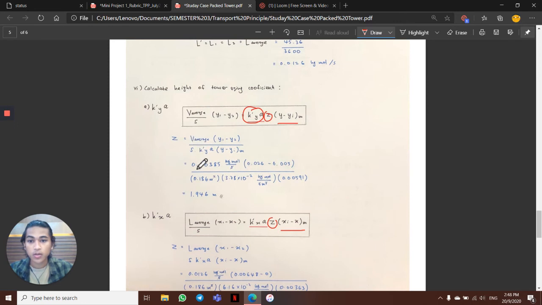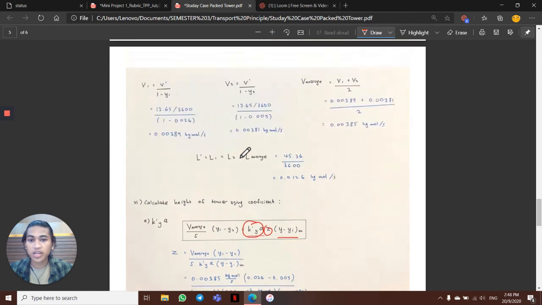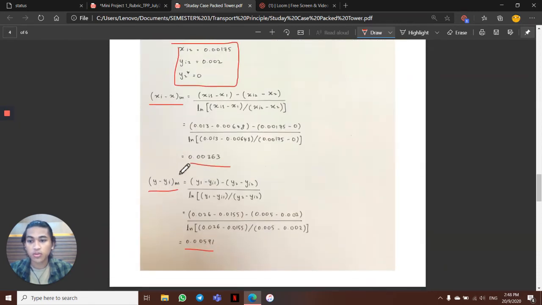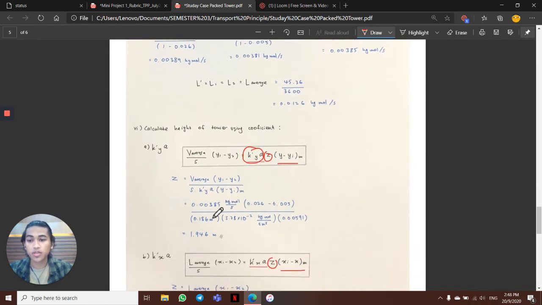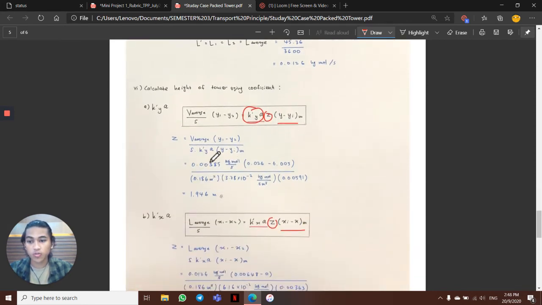So it becomes V average in bracket y1 minus y2 over S, the surface area, times the coefficient k prime ya times the y minus yi in bracket m, which we already calculated just now. This value we just insert, 0.00591. Just insert all of these values in the equation that we derived, and we will get the final answer for k prime ya, which is 1.946 meter.